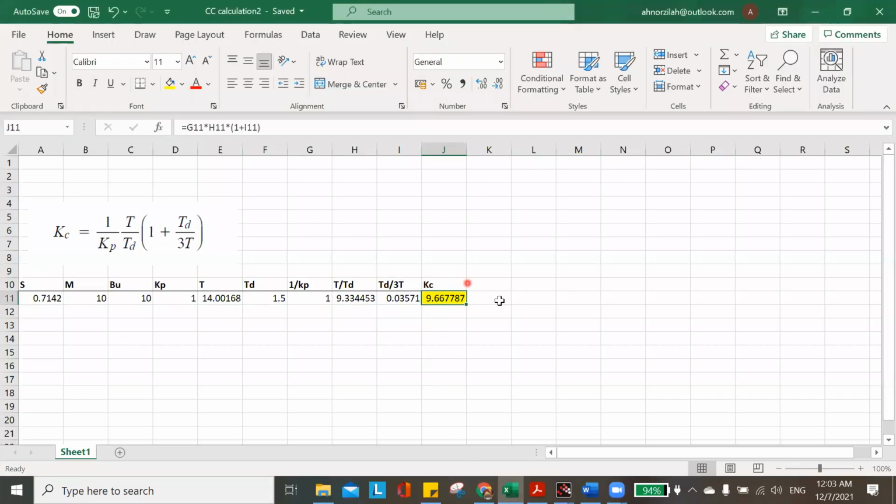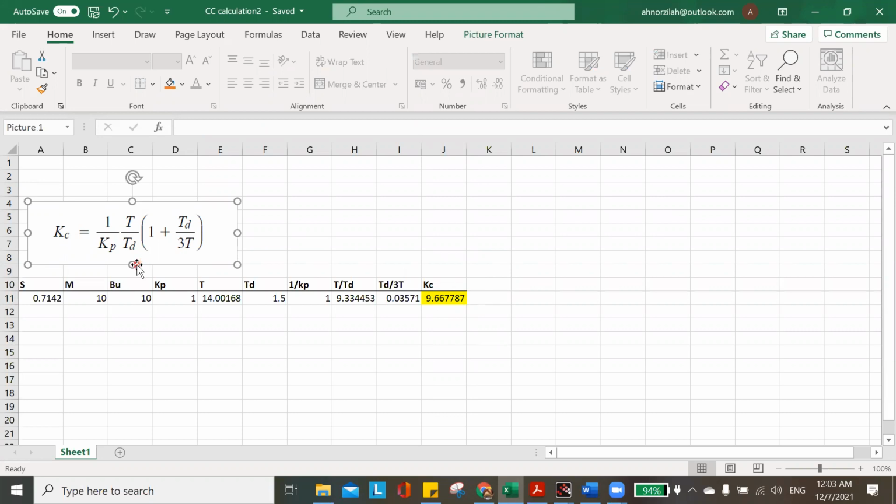After you get this value, you implement it in the closed loop block diagram, and you further tune or fine tune. Then you use the same value to determine the value of Kc and tau I or tau D. You refer to the lecture notes.